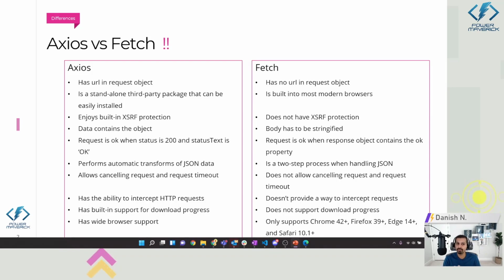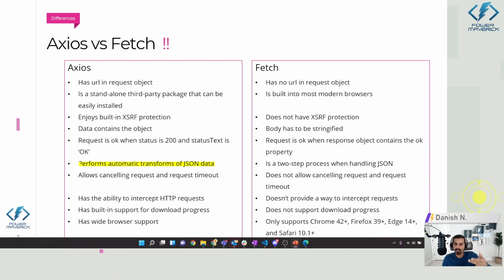But the benefit of sometimes using Axios is it provides you with certain things. So let me just change my cursor here. It provides you with certain things like automatic transformation of JSON. So now we saw in fetch, we have to do two steps.